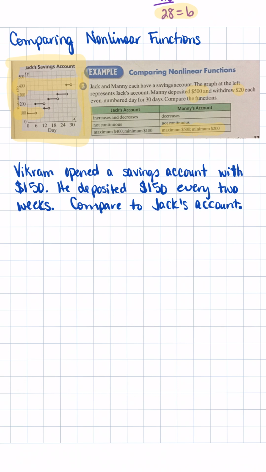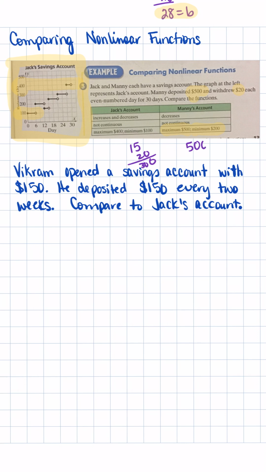They came up with the 200 by going, so if there were 30 days in the month and he withdrew $20 each even day, so that would be half of the days. So if there were 15 and we multiplied that by 20, it would be $300.